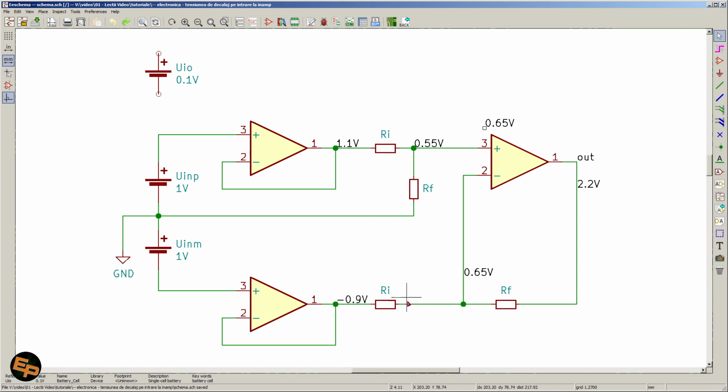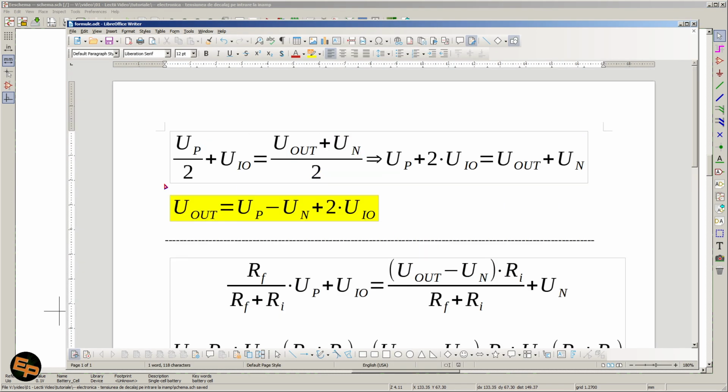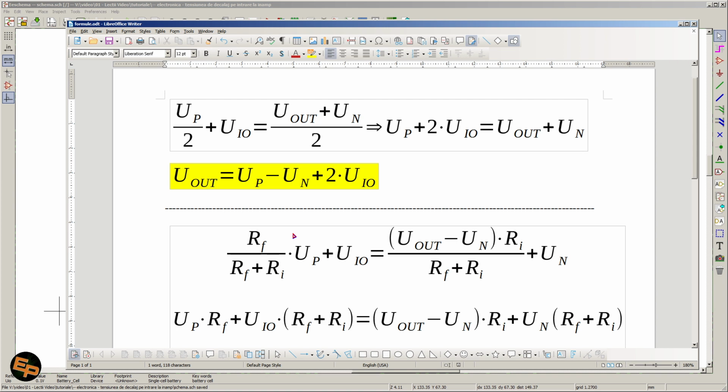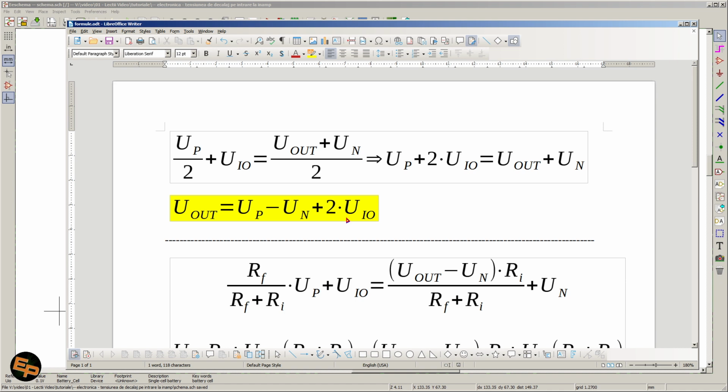then this input offset voltage gets to screw up our results a bit more than usual. Now I've made some formulas, and I will explain the final ones, because we have 2 of them.